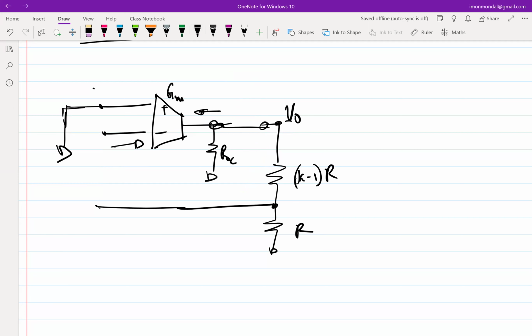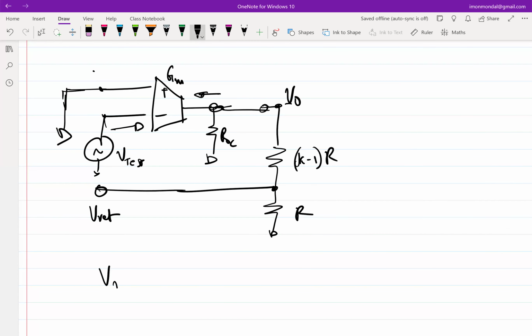So I can break it here, apply a test voltage, and I'll observe this V return. Okay. So now what will be V return in terms of V test? So if I apply V test here, let's go around the loop and try to figure out what this will be.